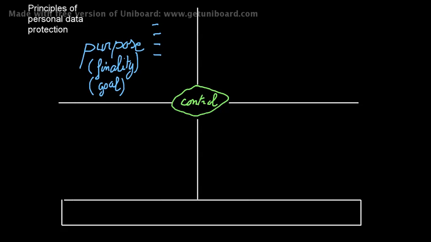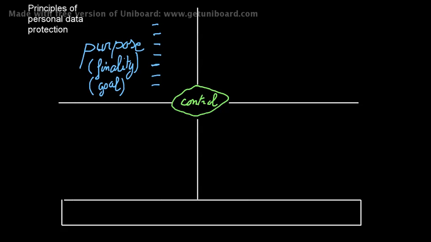The data has to be processed within the limits of that purpose, which also means that only data that is relevant for that purpose can be processed. The information has to be accurate and up-to-date so it can serve that purpose, and the data can only be retained for as long as the purpose is served. So those are some of the elements that go under the purpose principle.